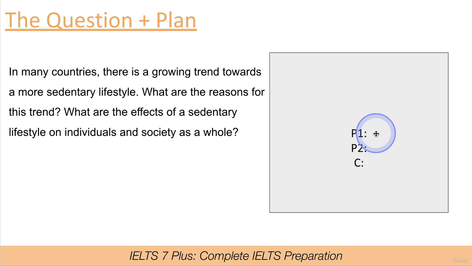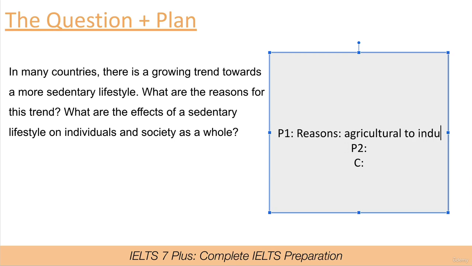What are the reasons for a more sedentary lifestyle? Let's have a think. So, we have gone from more active jobs to maybe more agricultural. So, we've gone from agricultural to industrial.